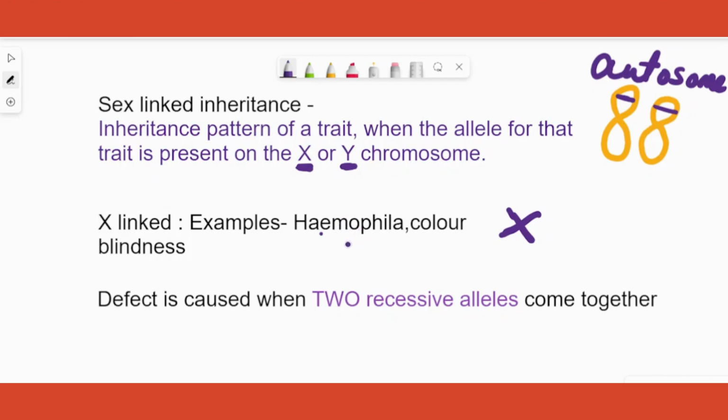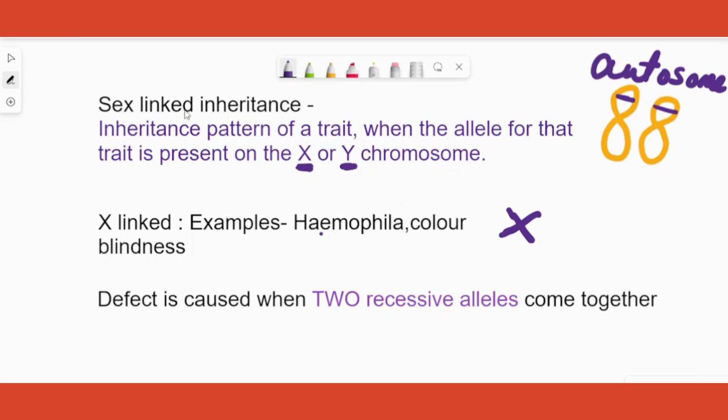Hemophilia is the inability to clot blood, and colorblindness is a disorder where a person is unable to distinguish between colors like red, green, etc. For example, when the person looks at the red color, he sees only a brownish, dull color. So those are called color blindness.